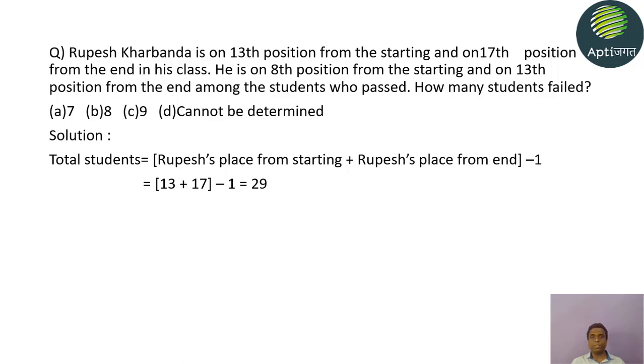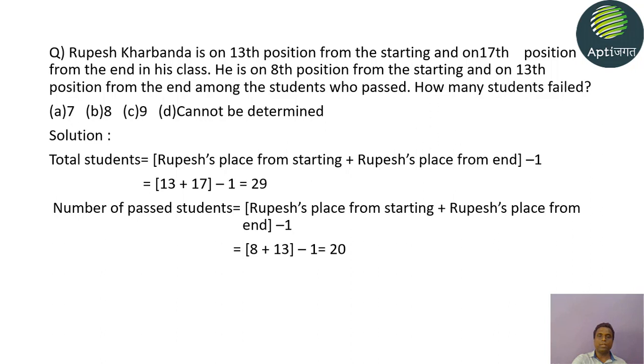He is on 8th position from starting and 13th position from the end among those who passed. Now we will see how many people passed in his class. We apply the same formula: forward rank plus reverse rank minus 1. So 8 plus 13 minus 1 gives 20 students passed.